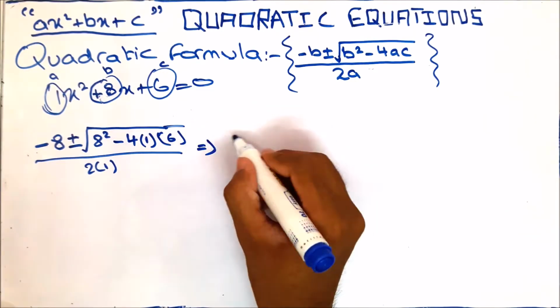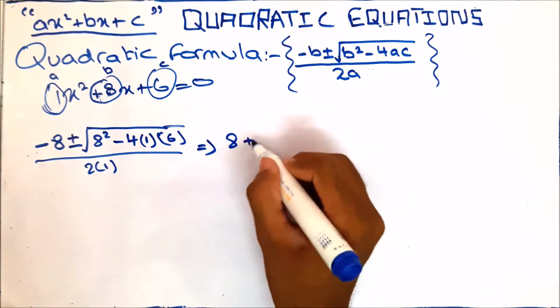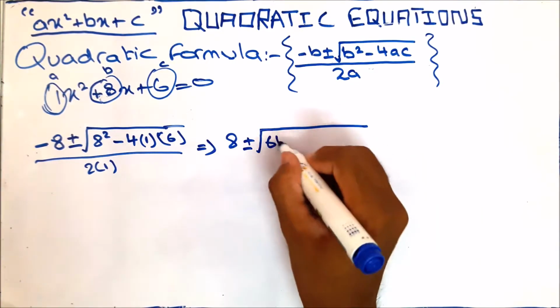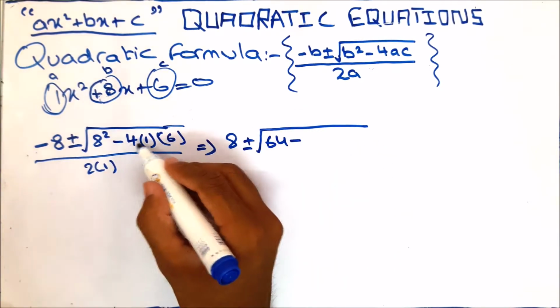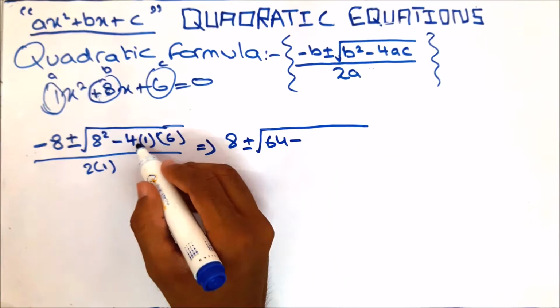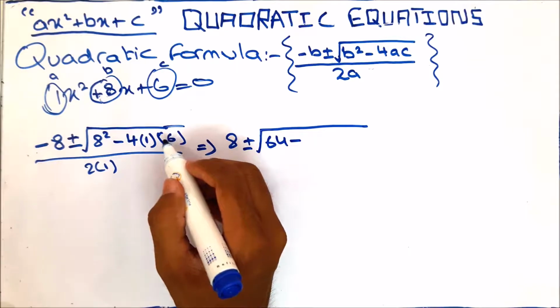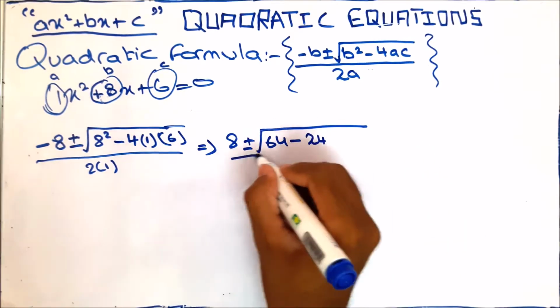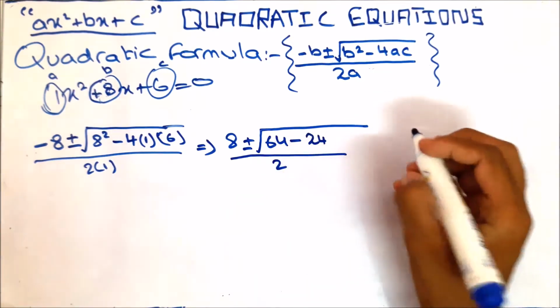Okay, let's clean it up a bit. 8 squared is 64, minus 4 times 1 is 4, and then 4 times 6 is 24, divided by 2.